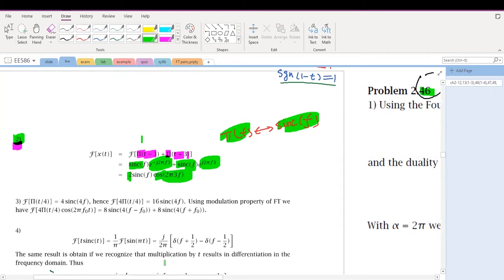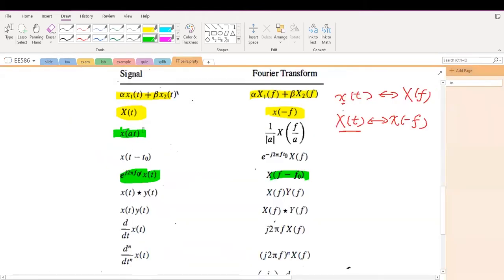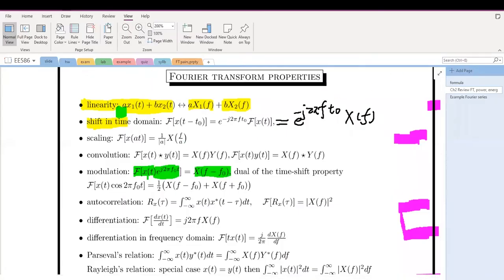the cosine, right? Next we want to find out the Fourier transform of pi(t divided by 4) and cosine. So this question practices two properties, the scaling property and the modulation property. So the scaling property, that's here.